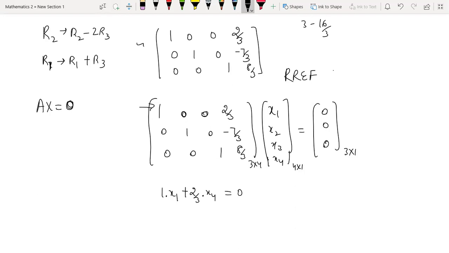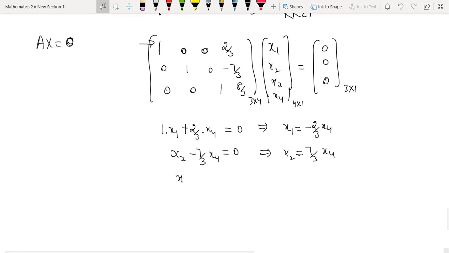So I'm transferring this information back into the system of equations language. So x1 plus 2 by 3 x4 is 0. So this gives me x1 is minus 2 by 3 times x4. The second equation gives me x2 minus 7 by 3 times x4 is 0, so x2 is 7 by 3 times x4.